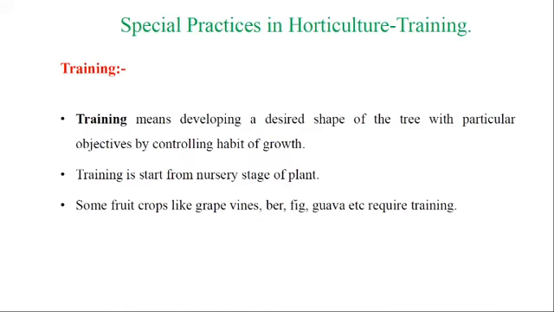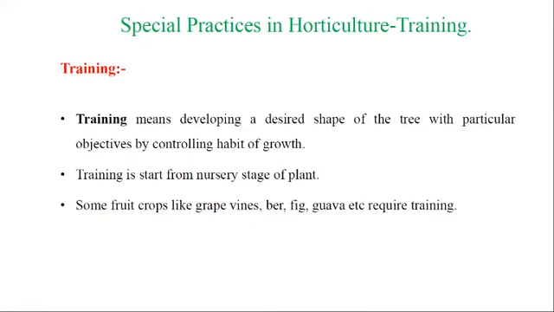The first special practice we will consider here is training. What is meant by training? Training is developing a desired shape of the tree with a particular objective by controlling the habit of growth.